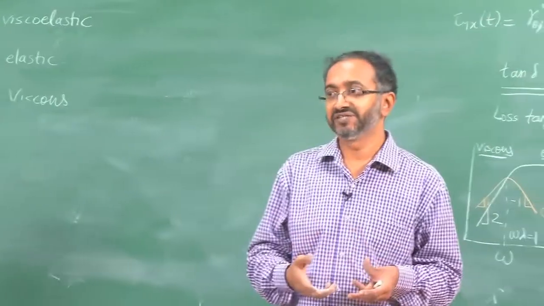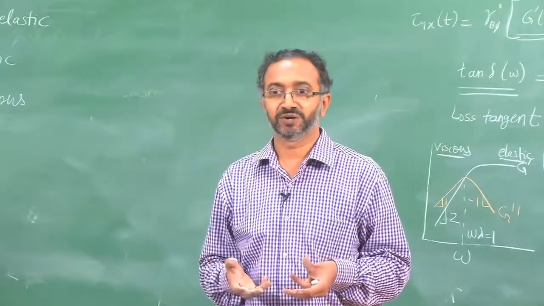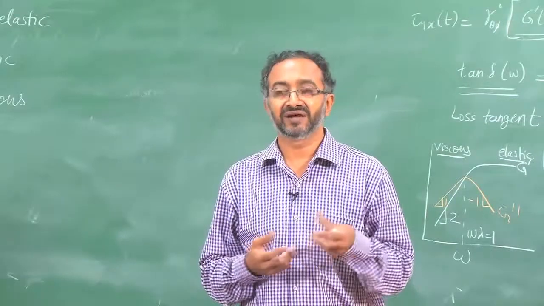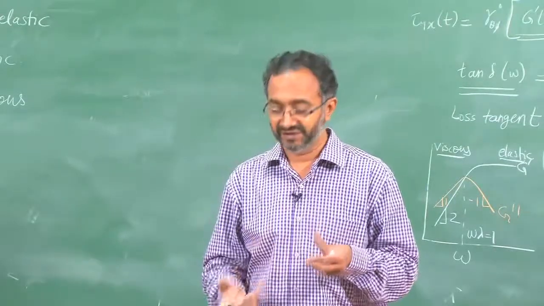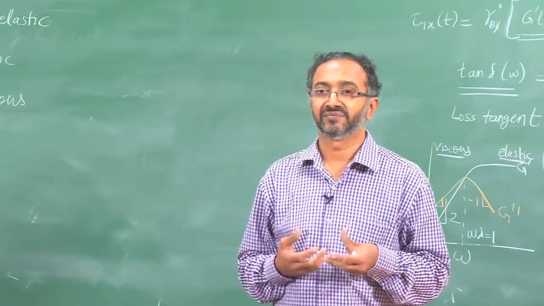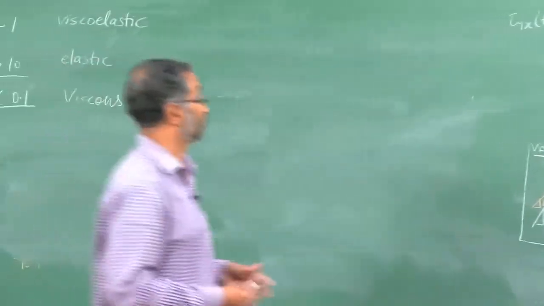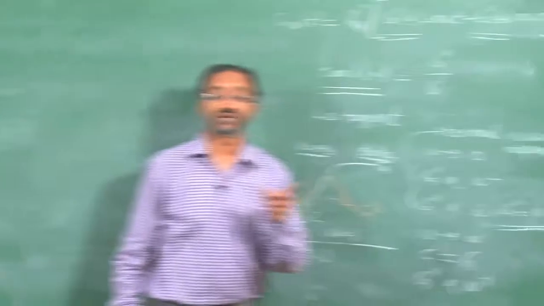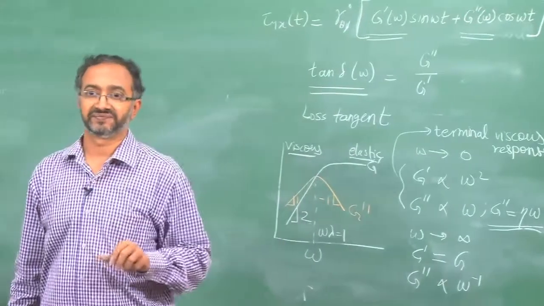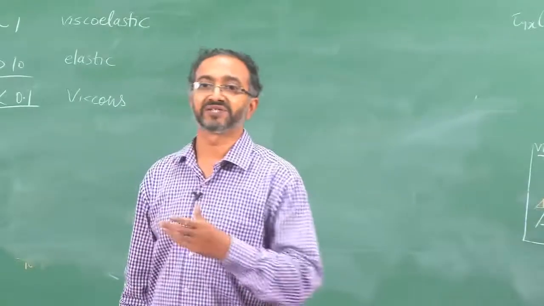If I measure G prime at low enough frequency and see a nice viscous response, then I know that at low frequencies the droplets are not really bound to each other. But if I measure G prime, G double prime and it is constant, or it does not have slopes of 1 and 2, then I know that droplets have very strong interactions. And so, even at low frequency I will not observe a perfect viscous response.